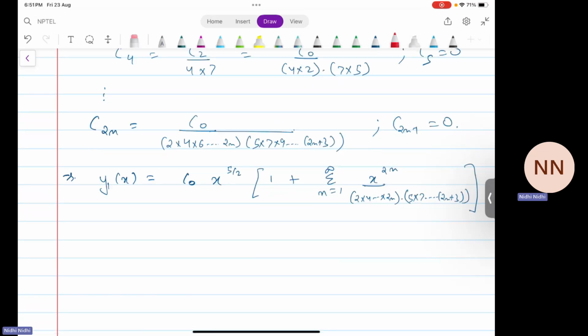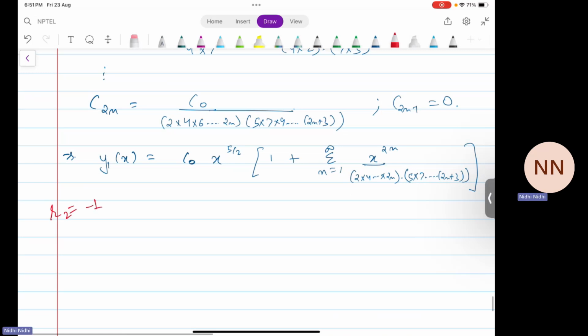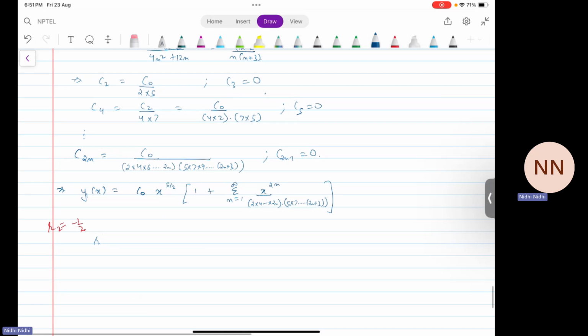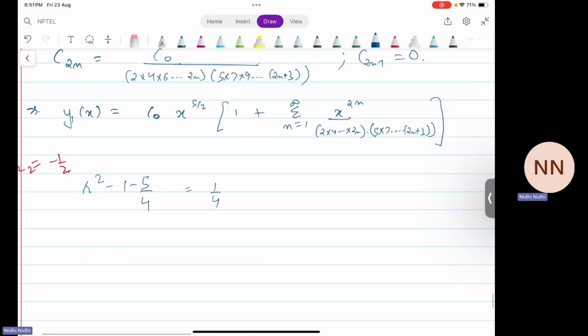Now let's find y2. So r2 is equal to minus 1 by 2. Now let's see the coefficient of c1. That was r square minus 1 minus 5 by 4. So this is 1 by 4 minus 5 by 4 minus 1, which is minus 2, clearly non-zero.